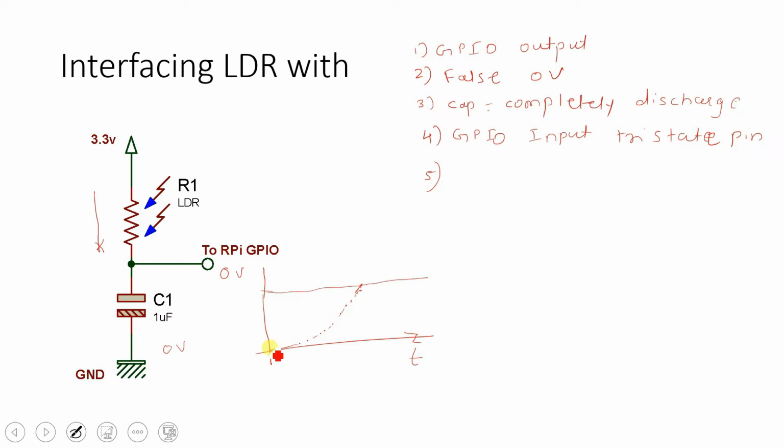Whereas if it is a well lit room, or if you are holding a light source onto the LDR, then it will charge rapidly, because the resistance offered will be very small, and therefore the current flowing would be large enough to charge the capacitor faster. Now what we will do in our program is try to measure the time.